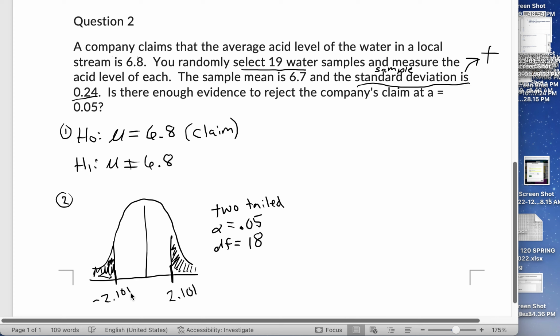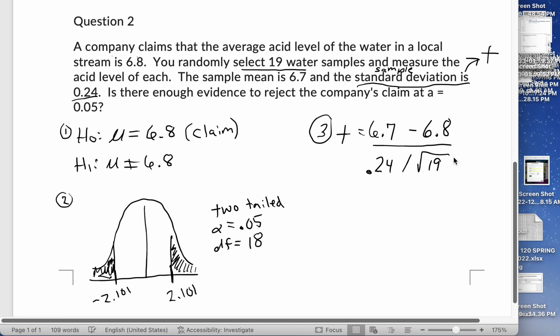Part 3, we're going to use our formula. Remember that the number second in the formula is the same number as we have in step 1, so the 6.8 goes there. The sample mean, they told me in the problem, is 6.7, so that's going to go first. We know the standard deviation is 0.24. We know the sample size is 19. Put it in your calculator.